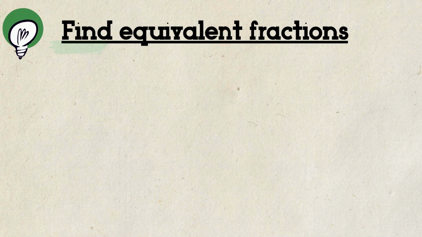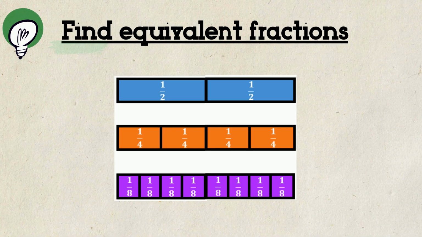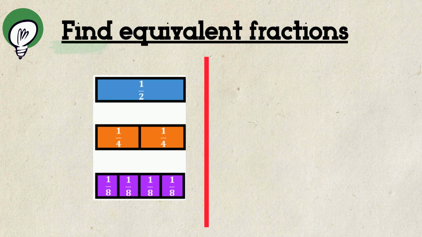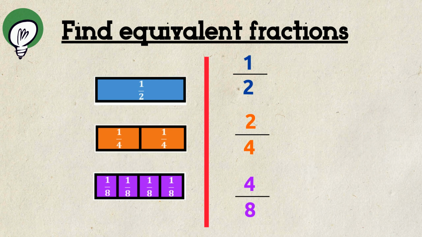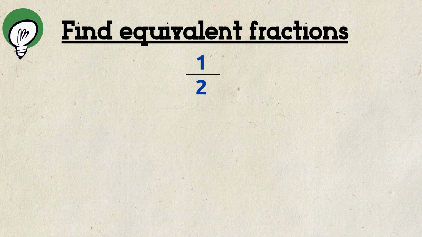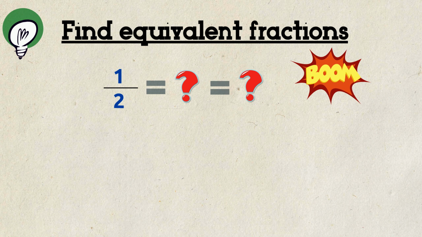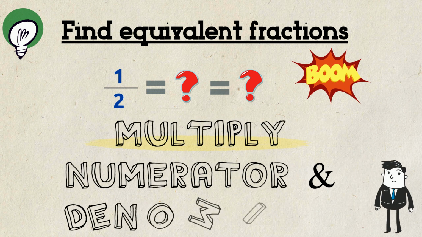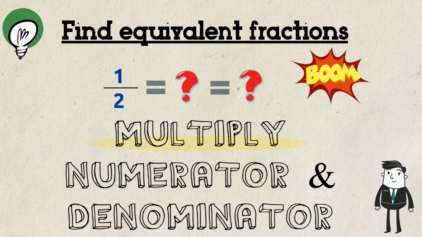With models, we can see that half is equal to 2/4 and is equal to 4/8. Without the models, how do we find the equivalent fractions of a half? We use multiply. We multiply the numerator and the denominator.